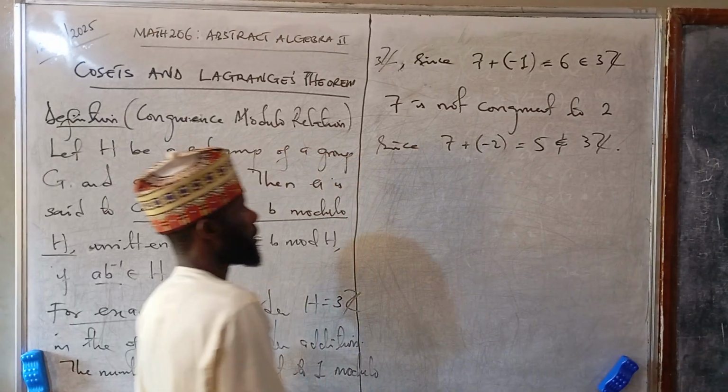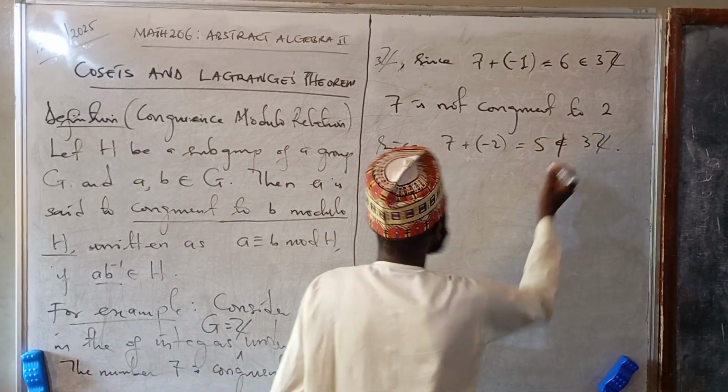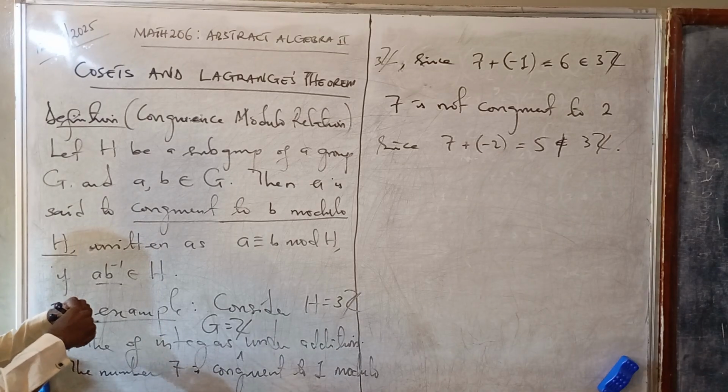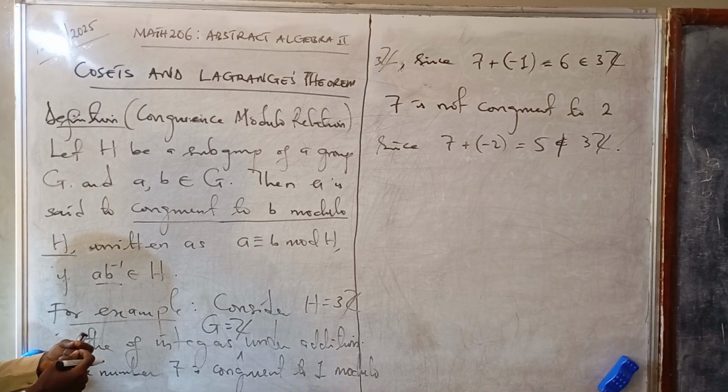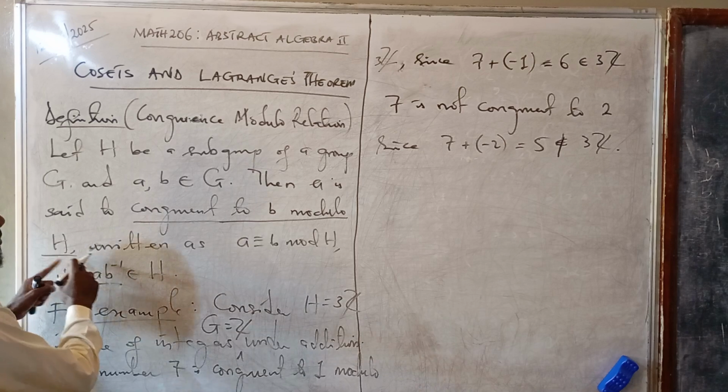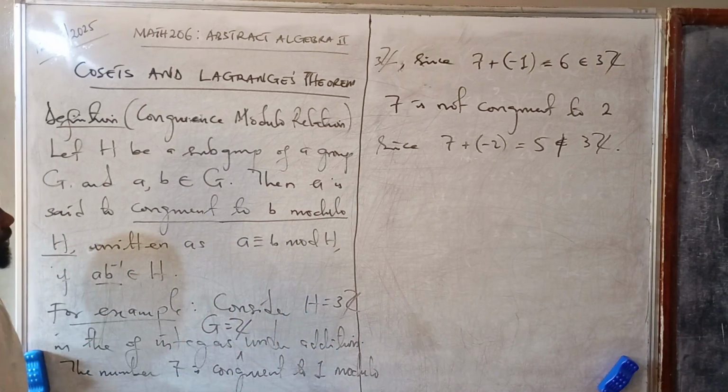So this is actually what this relation is, the congruence modulo relation. If you take any subgroup of a group, you can define with respect to that subgroup a congruence modulo relation in this way.